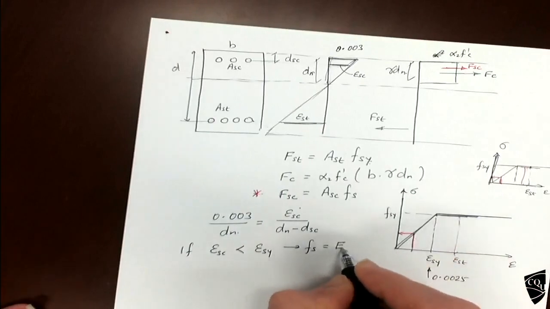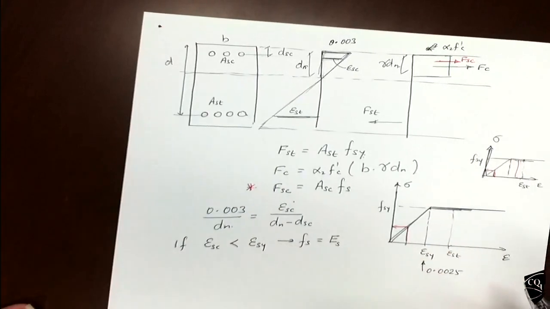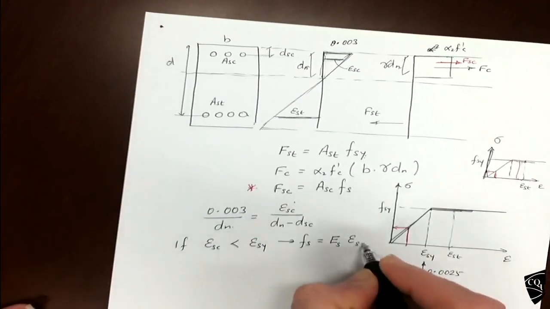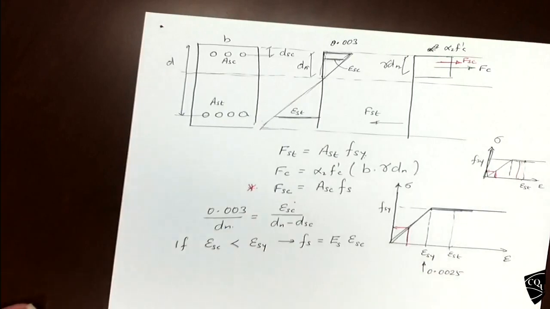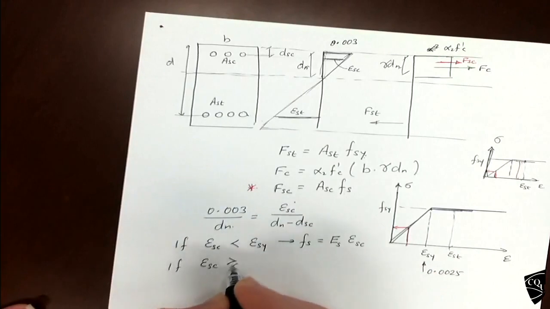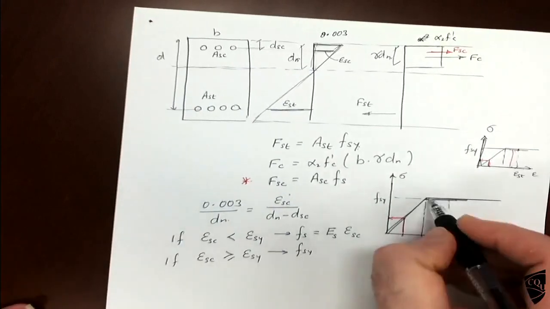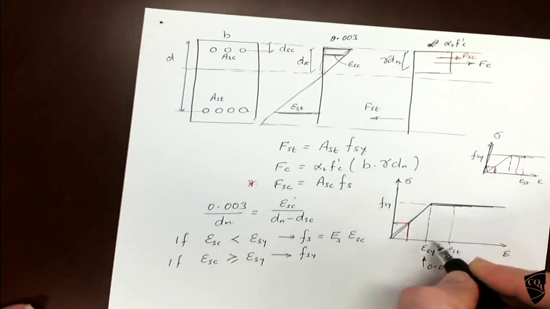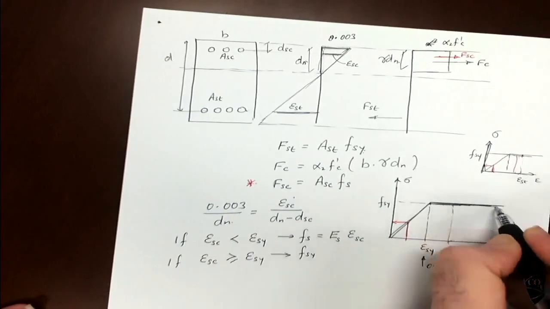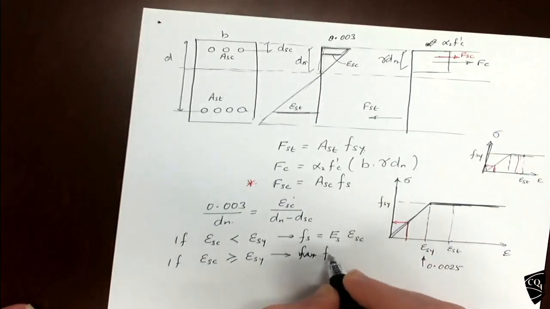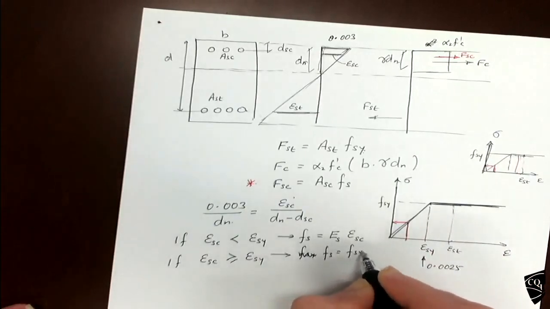So Fs equals steel Young's modulus times the strain. If it is larger than or equal to the yielding strain, so if it is somewhere here or anything after that, the stress will not change. That is equal to, sorry, Fs equal to Fsy.